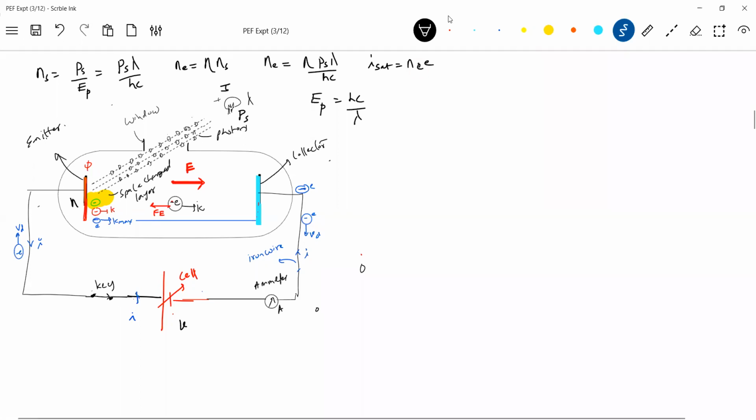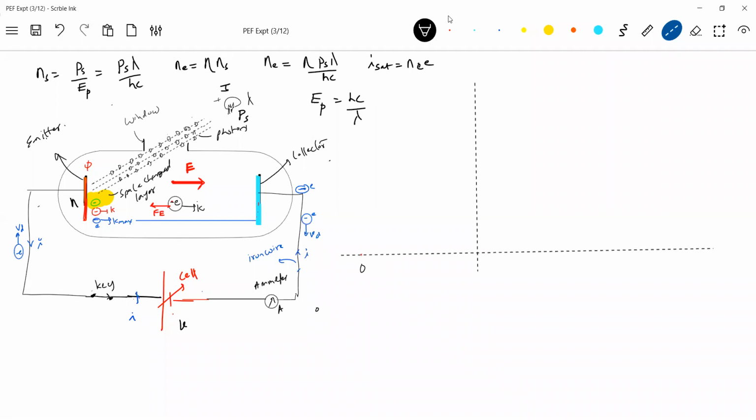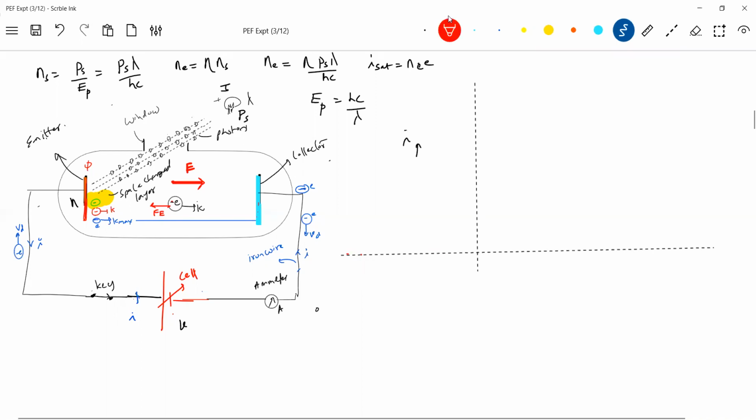Fine. Now let's come to the discussion here. We are checking for the graph. What will happen to the graph? I'll put back the graph again. This is the current. The curve was like this, no?